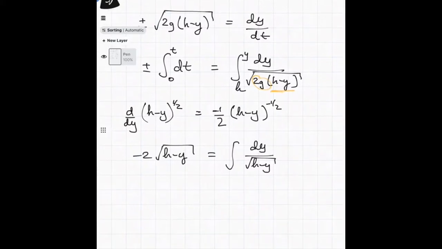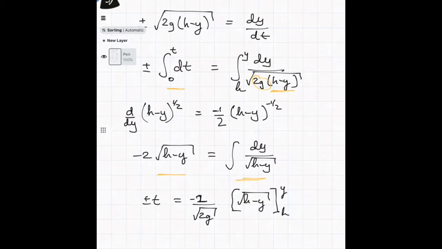All right, so putting all that together, the left-hand side of this equation then just becomes plus or minus t. And the right-hand side, well, let's take that 1 over root 2g outside. Then use the result that we have here, namely the left-hand side, and then we get a minus 2 and a square root of h minus y, remember, we've got some integration limits here between h and y.